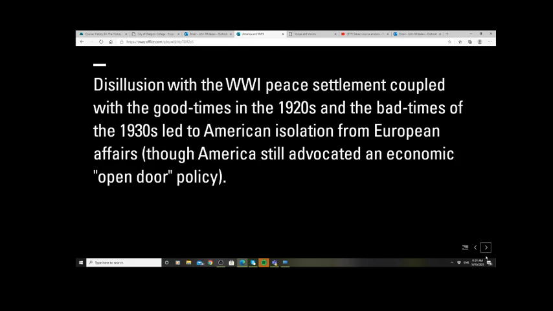I should say, just to note that final point at the bottom, America is still very much in favour of economic trading and commercial interests abroad, especially in Asia, where since the period of the Spanish-American War onwards, there has been a desire for an open door approach, especially in China, where all European powers and large powers like America and Japan could trade with the Chinese, and there would be no colonialism or imperialism as such.